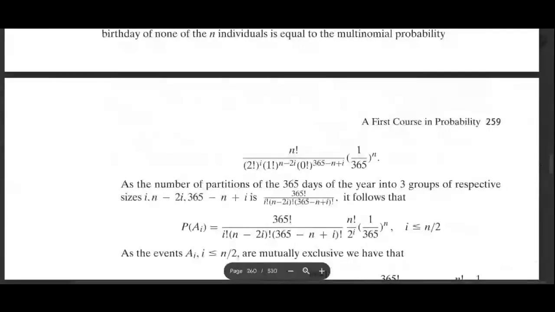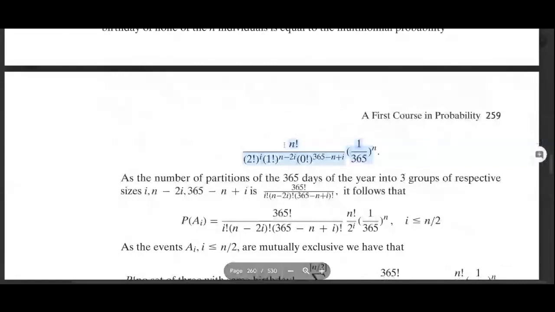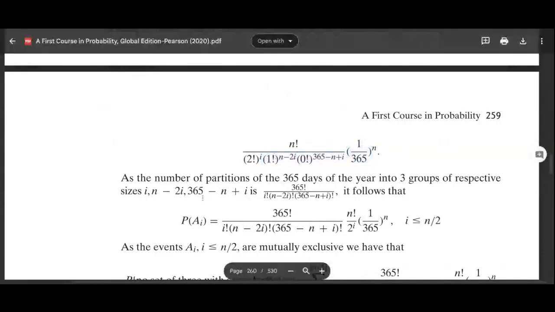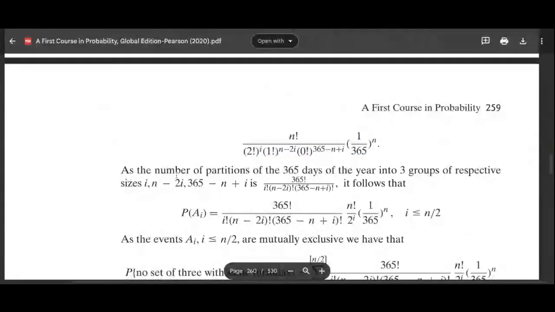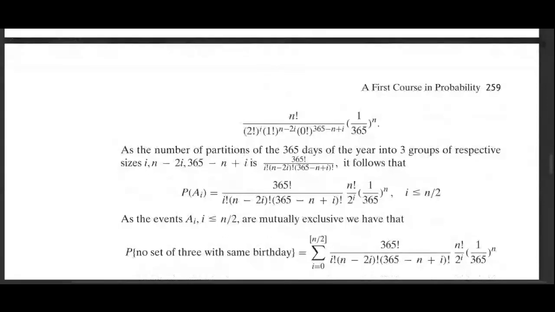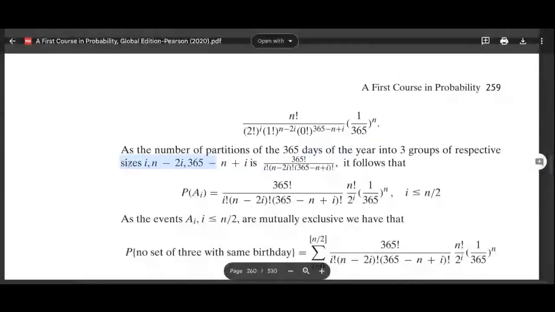So then we get this, right? So we can calculate it, where n is how many people. Okay, as the number of partitions of the 365 days of the year into 3 groups of respective size, we get this. It follows that the probability of this.